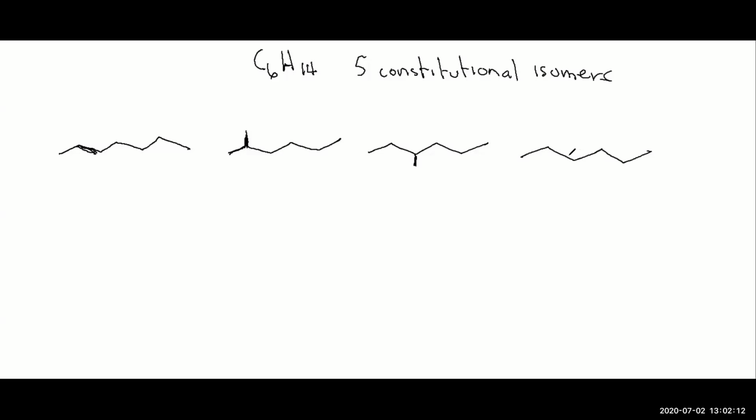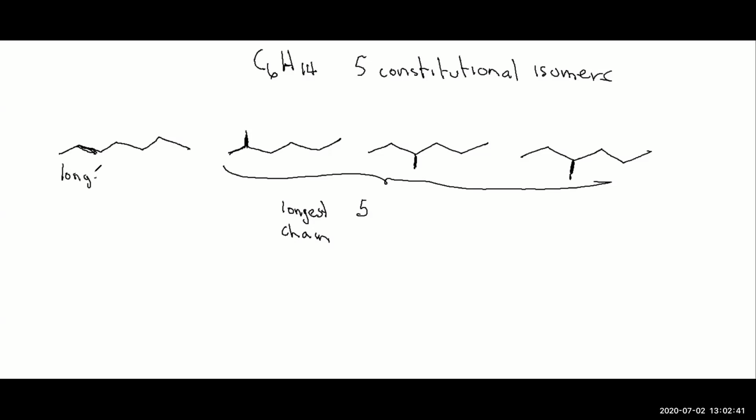These are the constitutional isomers where the longest chain is 5, and then we have these branched methyl groups. We have one branched methyl group.